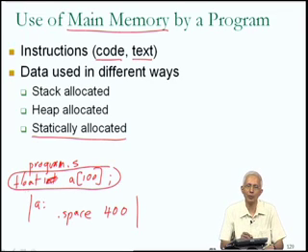Each float is a 4-byte IEEE 754 floating point value. So we saw how static allocation is done. Corresponding to static allocation, we will see space directives inside the assembly language program.